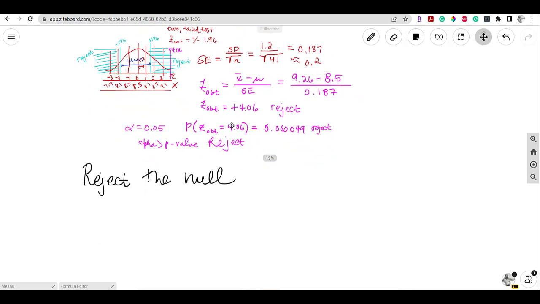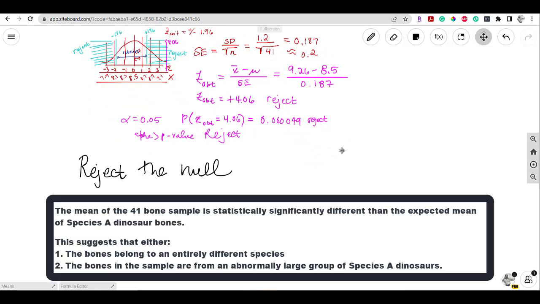Okay, and in essence, what this is telling me is that by rejecting the null, the dinosaur bones that we found are different than what is expected for species A. So what this can tell us is either this is a completely different species, or by chance, species A happened to have a gigantic version of that species.